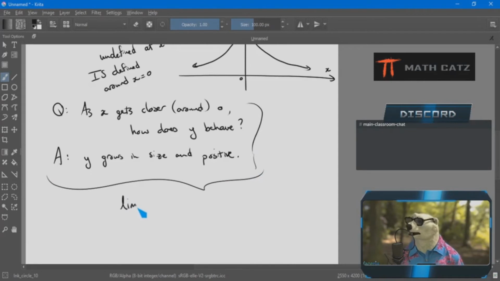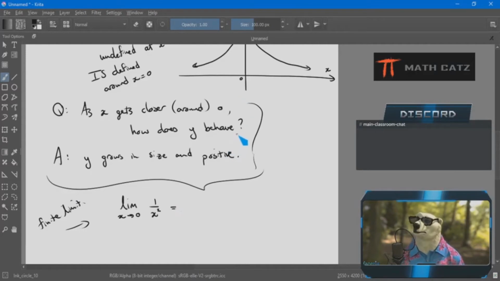So we're going to say, well, limit is our mathematical word for behavior. The behavior of my function, and I like to see the detail, though you could call it just y, as x approaches 0. This is now a finite limit because of what x is doing. X is approaching a finite value. Okay.